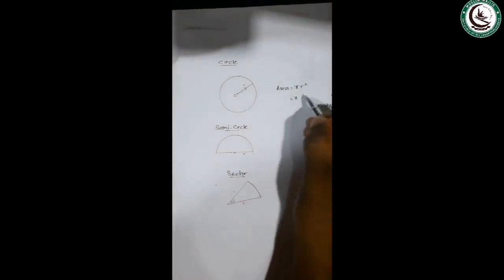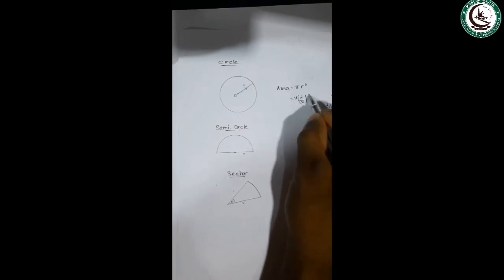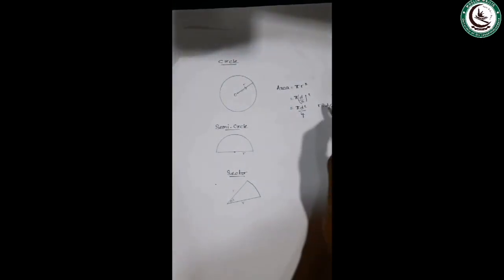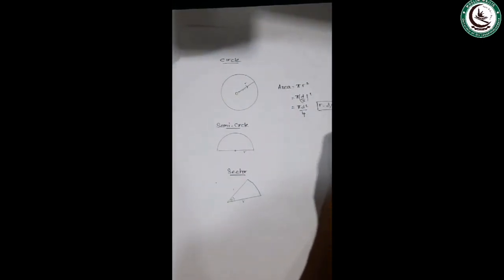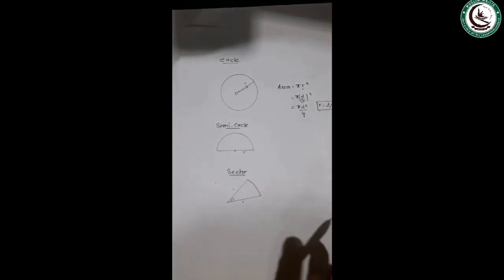So if we substitute that here, d by 2 whole thing squared, that would be pi d squared by 4. So we can write that as pi r squared or else pi d squared by 4.